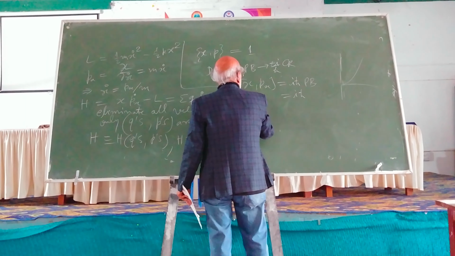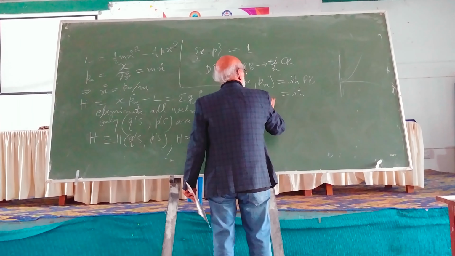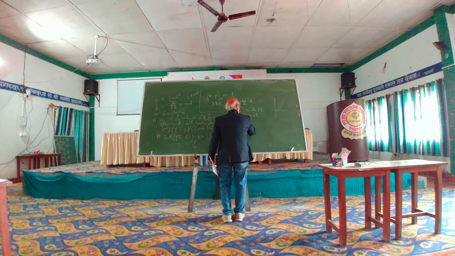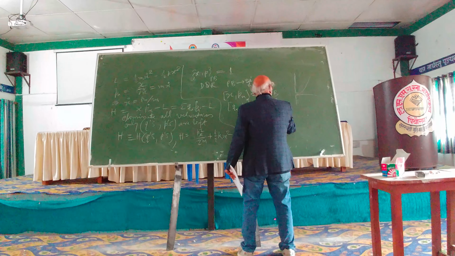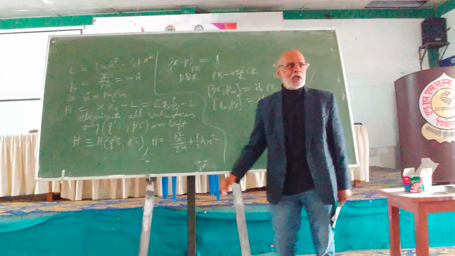If you like to write it in terms of Qi Pi, then you put your delta Ij.